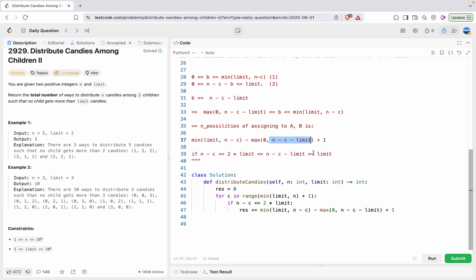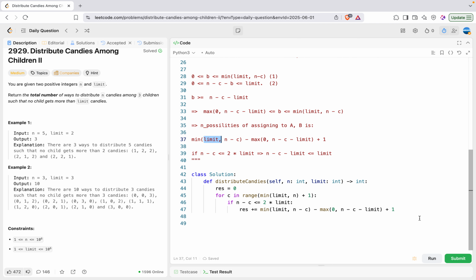That's actually good. Once we have this, we just need to return the result variable.